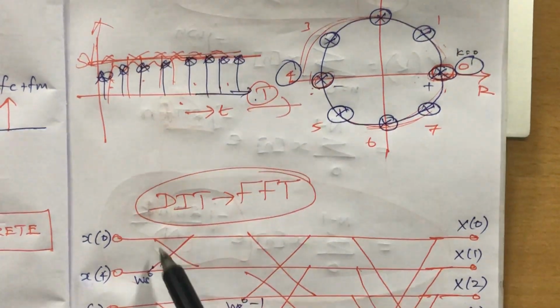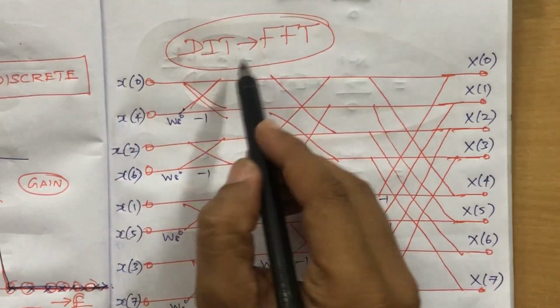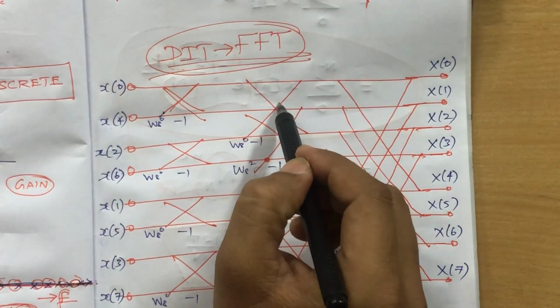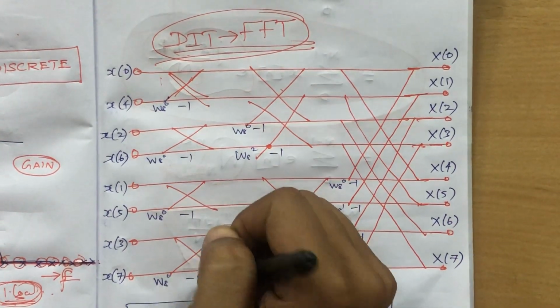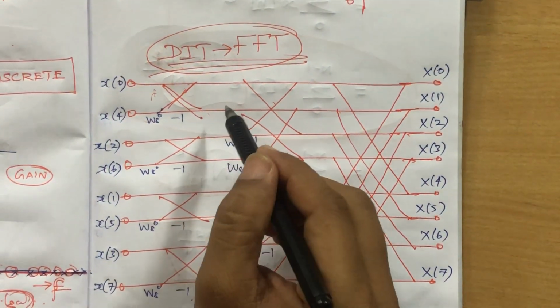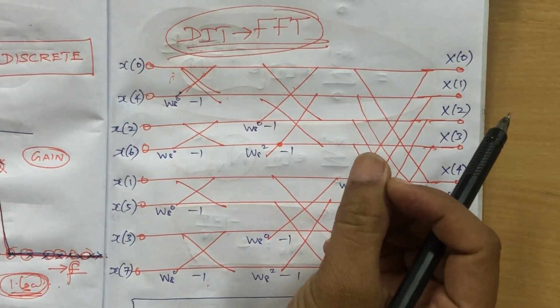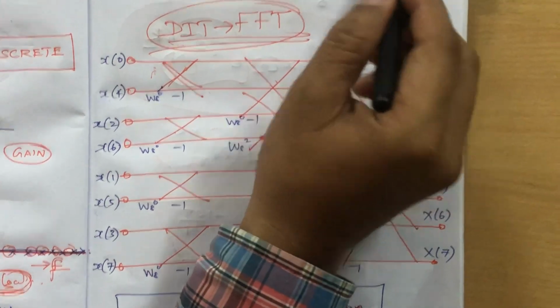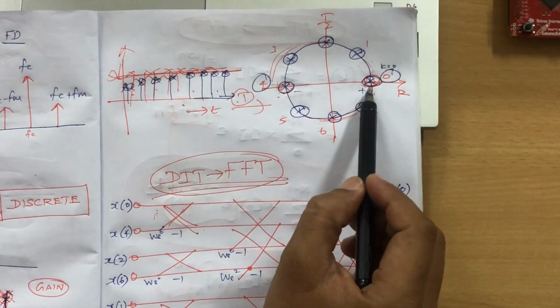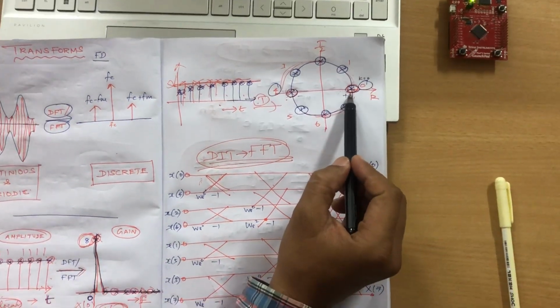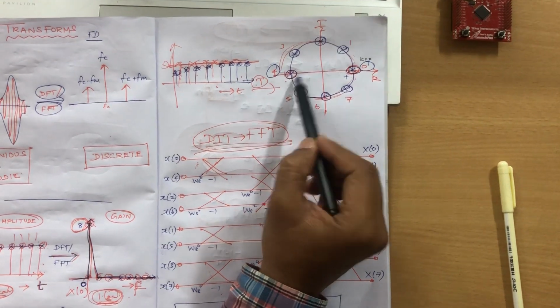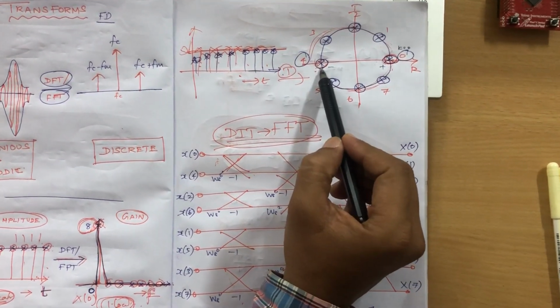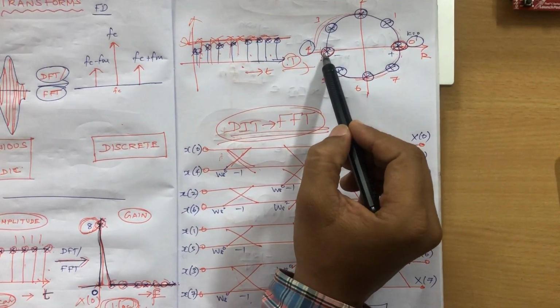That is what the butterfly diagram says. In the decimation in time fast Fourier transform, we put a butterfly diagram. The significance of this butterfly diagram is reducing the computational complexity. How it reduces the computational complexity: in the periodic signal, if we find X of 0, then the X of 4 signal is similar to X of 0, with a change in sign.